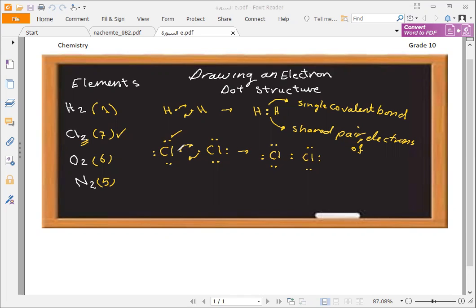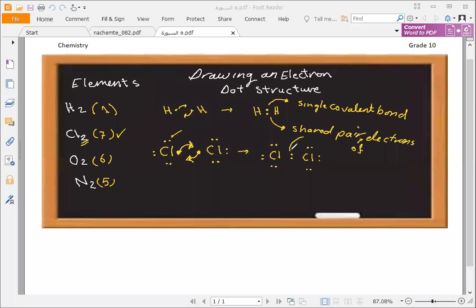So this atom shares 1 electron, and this atom shares 1 electron here. And they form 1 pair of electrons between the 2 atoms. Okay.